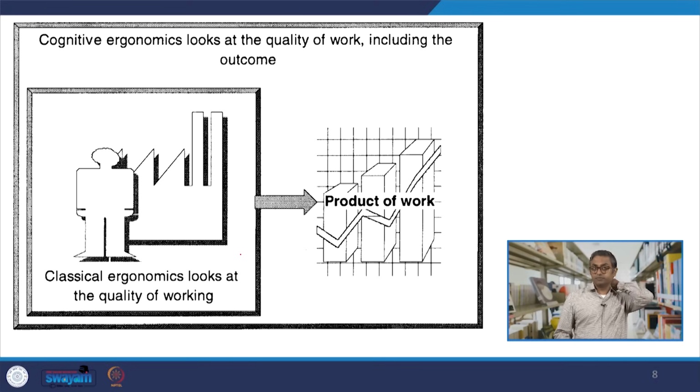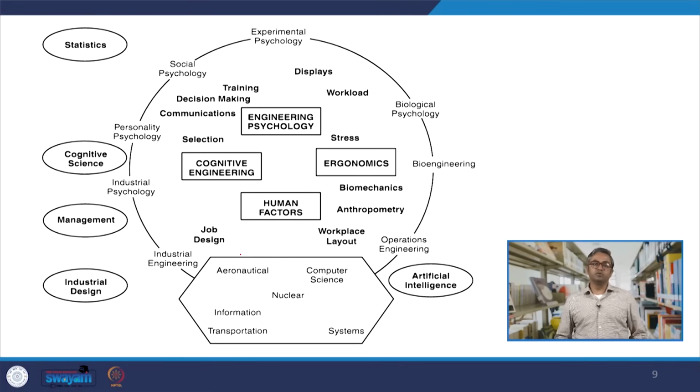And this cognition is a part of everyday life. So, what we understand with this cartoon, at least one thing, is that when on one hand classical ergonomics was talking only about the quality of work, cognitive ergonomics is trying to address the importance and relevance of human cognition. More importantly, how the cognition is going to alter the performance and efficiency of an individual.